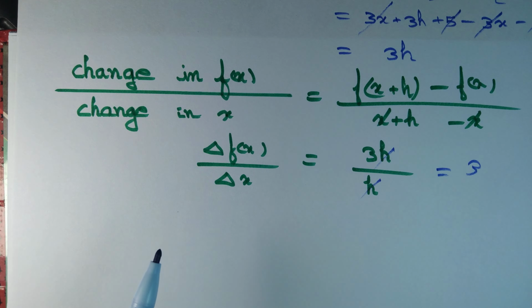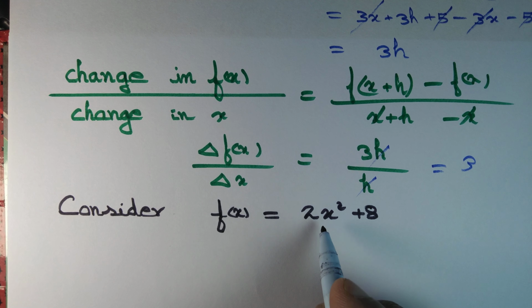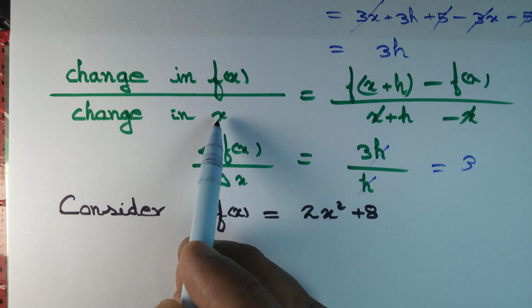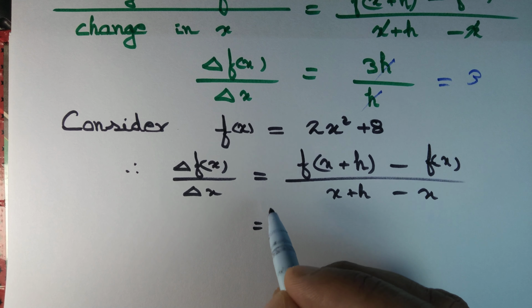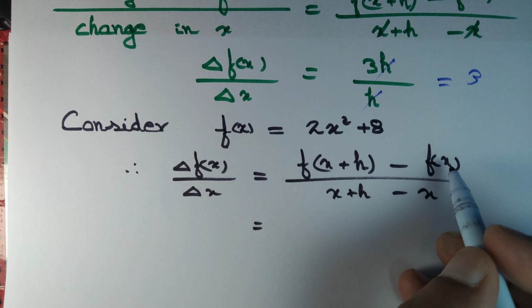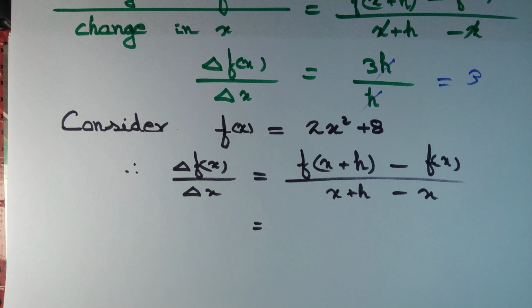We increase the complexity. We consider f(x) equal to 2x squared plus 8, and again determine change in f(x) by change in x. Change in f(x) is given by f(x plus h) minus f(x). We are increasing x to x plus h. Maybe h may be negative as well, so x might have been decreased.